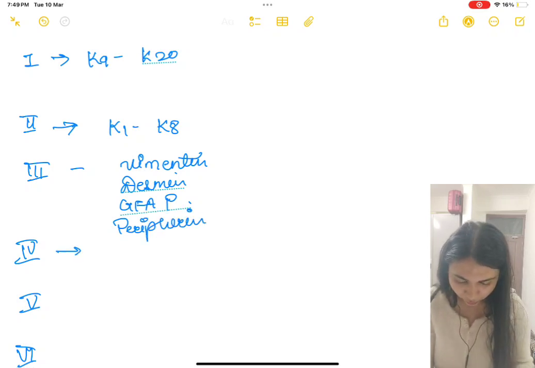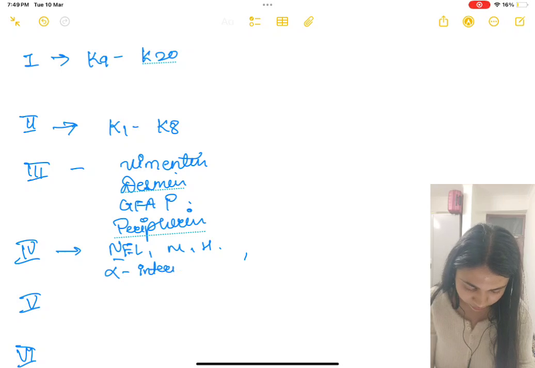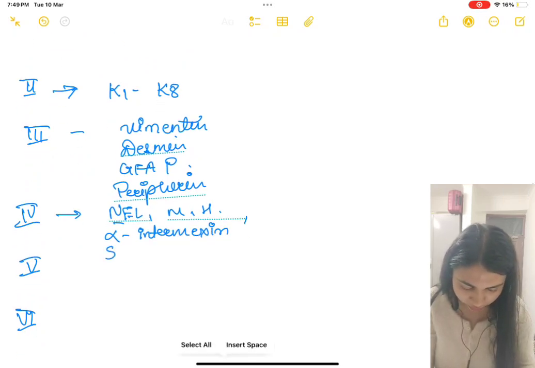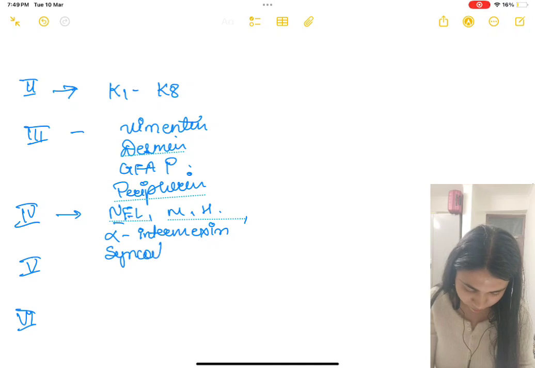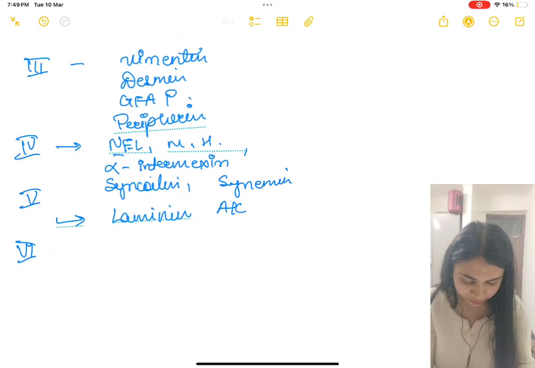Then you have type 4, which has NFL, NFM, NFH, along with alpha-internexin, then syncoilin and synemin. These are your type 4. Then type 5 you have lamins, which are defective in certain conditions like epidermolysis bullosa.